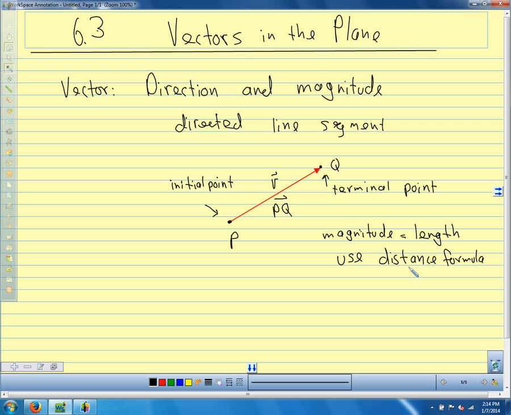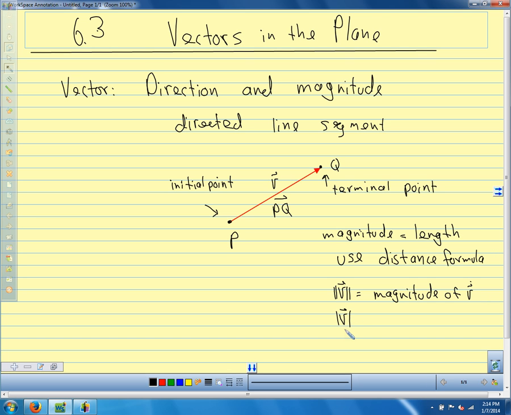The symbol that we use for the magnitude or the length of a vector is double bars around the vector. So when we write that symbol, that's the magnitude of V. When I learned vectors, we only used a single set of bars, so it looked like the absolute value.